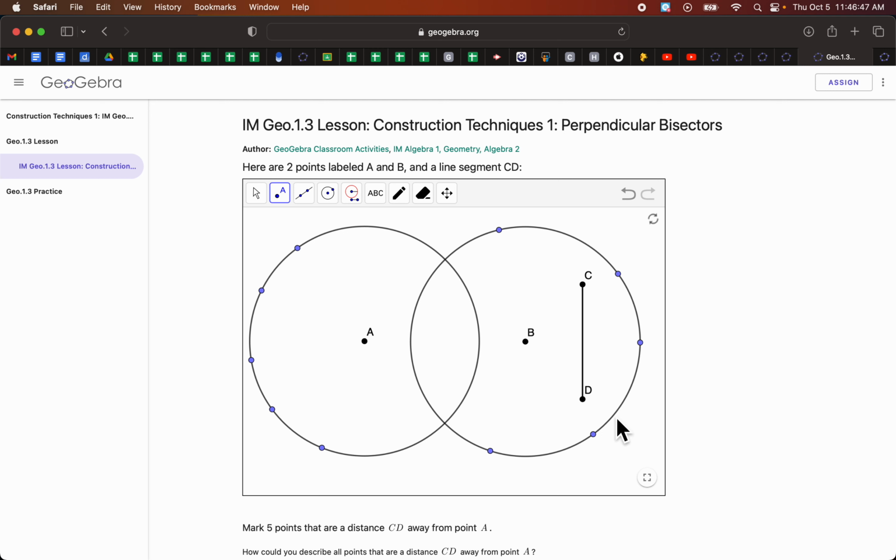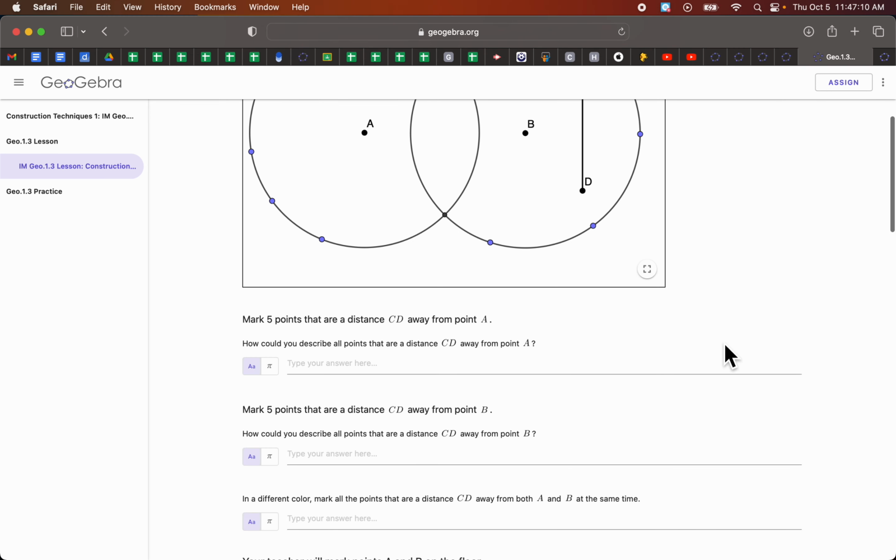If we look, there's only 2 places where that happens, where it is exactly this far away from B, but also the same distance away from A at the same time. One of them would be right here, and the other one right there, at the intersection points, the places where the circles intersect. Those would be the 2 points they're asking about.